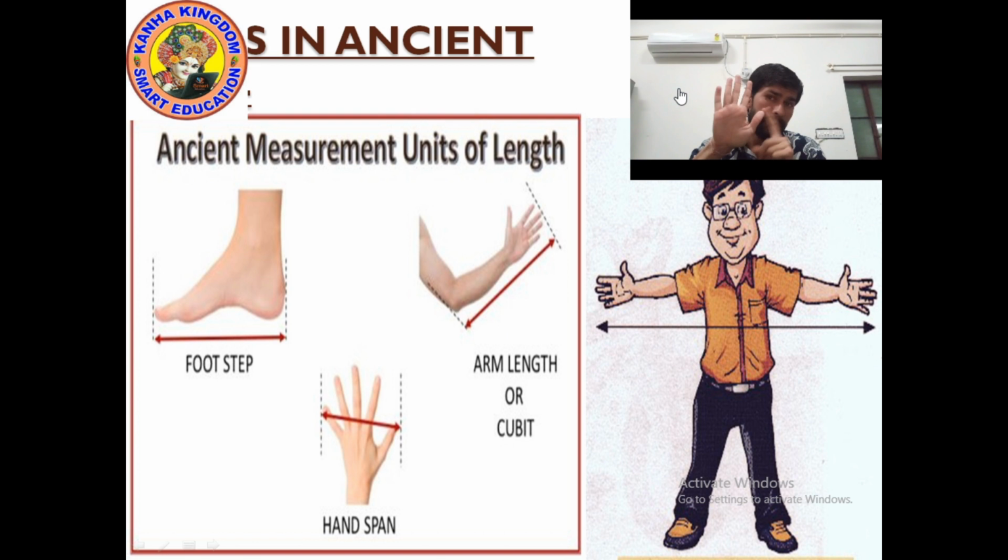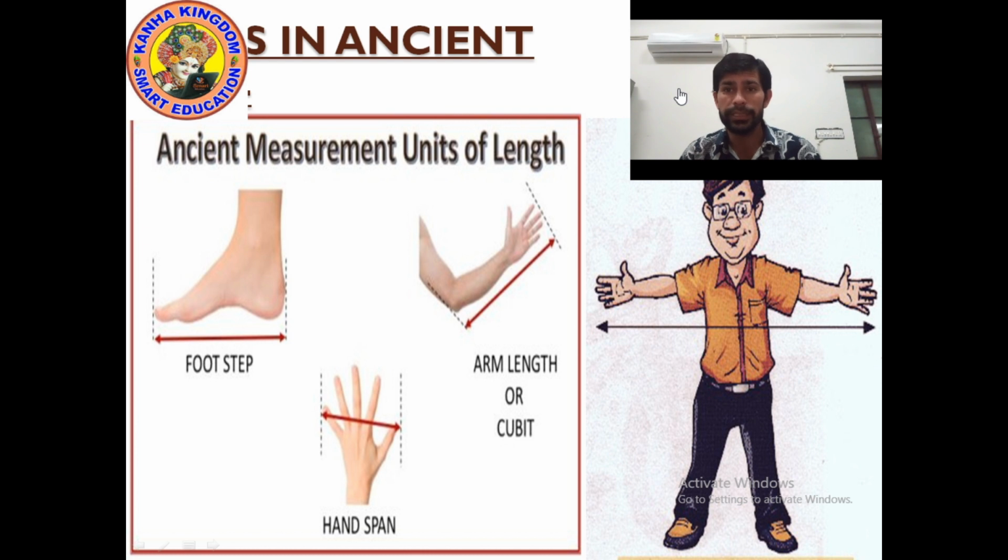And they also used fathom. What is fathom? The length of the outstretched arm, the length of both hands from the tip of one middle finger to the tip of the other hand's middle finger.